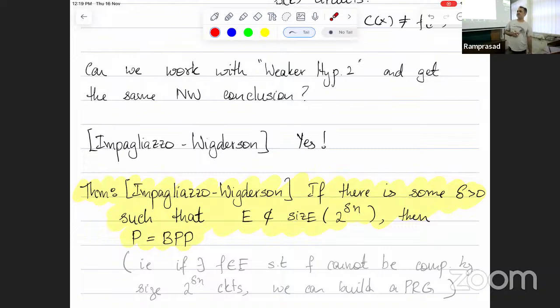The counting argument will only tell you that there exist functions which have circuits of size, let's say, 2 to the 2 delta n, but are not computable by circuits of size 2 to the delta n.